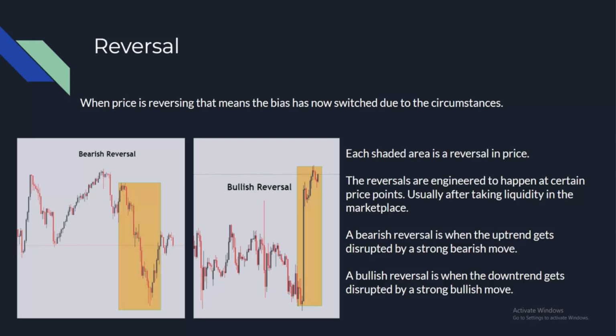Uptrend is that price is bullish, price is trading higher, and the downtrend is price is trading lower. So a reversal would be that price is currently bullish and the bias is bullish, so price is trading up, but then after a certain price point, let's say price took out a recent buy side liquidity when our bias is bullish, and after it took out the liquidity, the market repriced heavily lower to attack maybe a swing low.